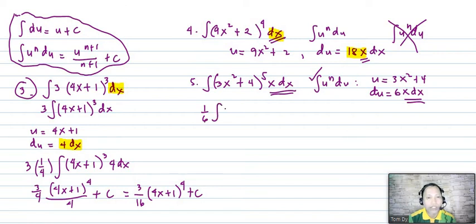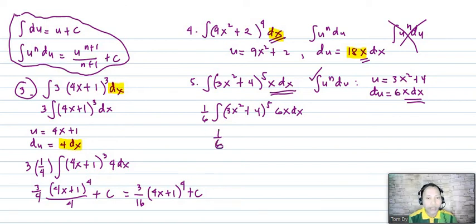The integral of 3x squared plus 4 raised to 5. And then I will write here 6x dx. Okay. So that this is now our u to the n du. So 1 over 6.